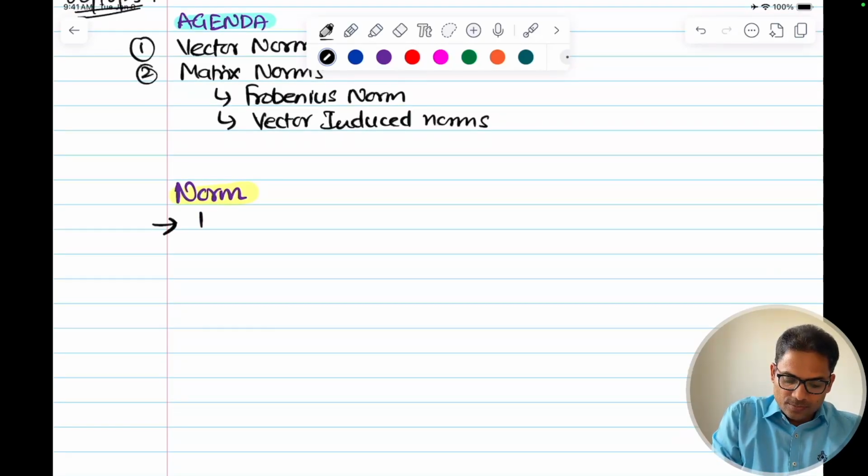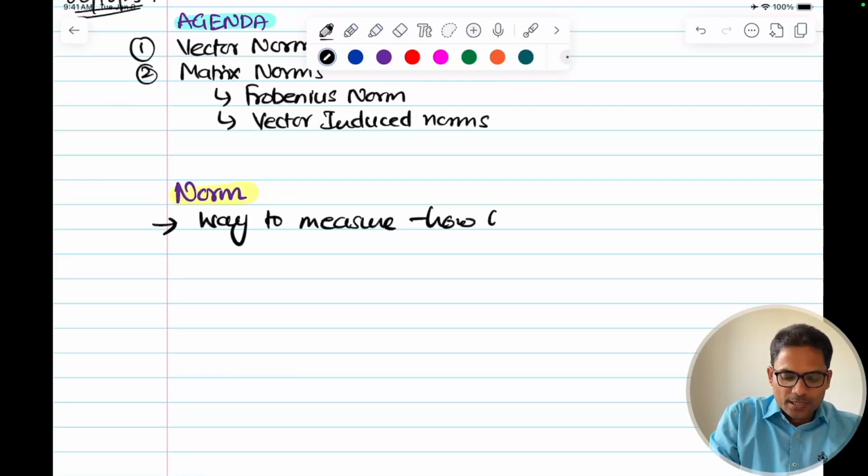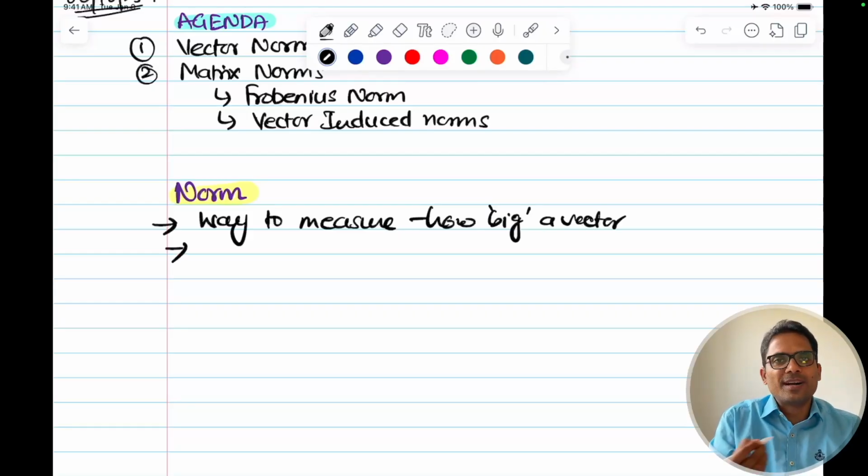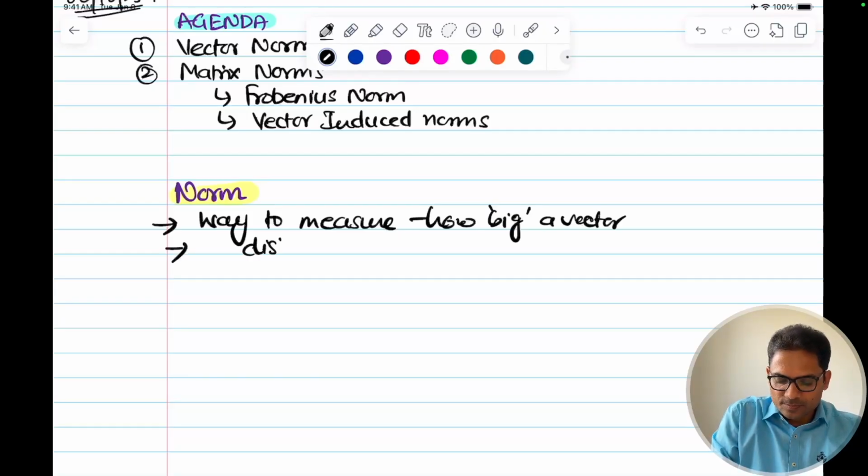It's a way to measure how big a vector is, or you can say how far it is from the origin, distance from origin.